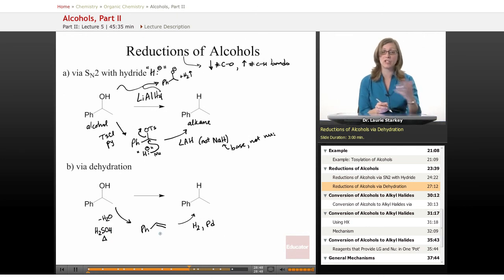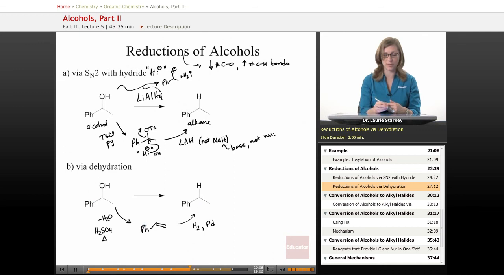Now remember, in dehydration we can have hydride shifts and such to get more stable carbocations, so it's possible that our double bond might move around. That's okay in this case because hydrogenation is going to get rid of the double bond in the end anyway.